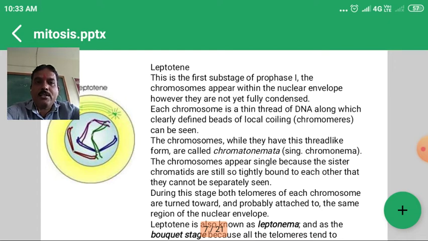So bead-like structures of the chromomeres are observed in the case of leptotene, also called leptonema. We can observe the green or yellowish colors of the chromatids or chromonemata, that is the two coil-like structures we studied in the structure of the chromosome. So in case of leptotene, which are the changes we have to observe? That is the bead-like structures of the chromosomes which are observed in leptotene or leptonema.